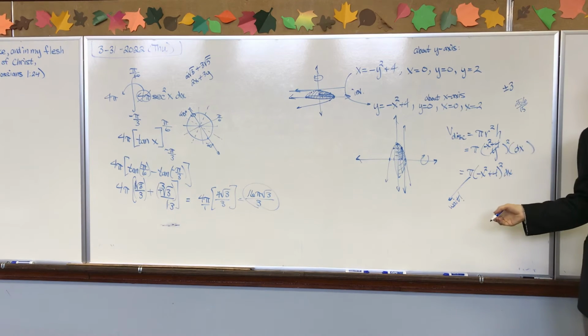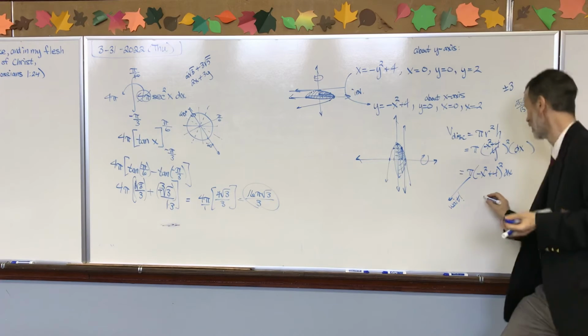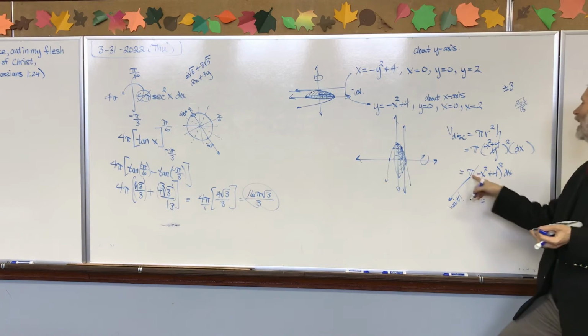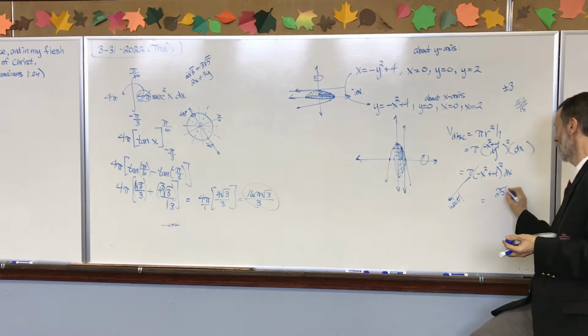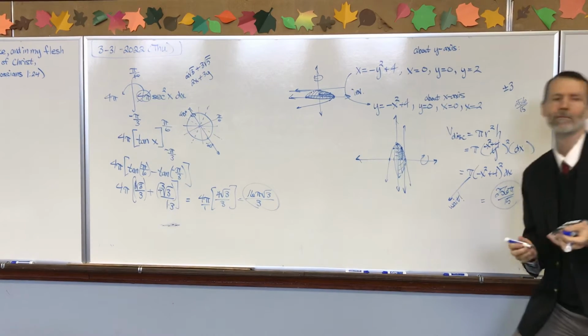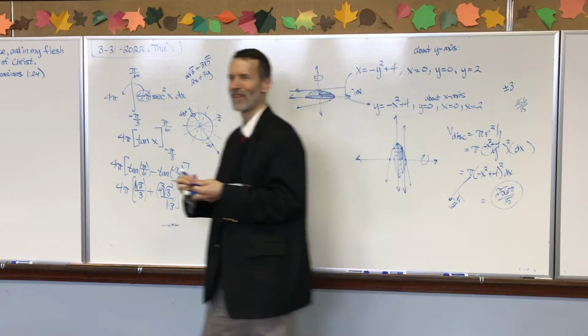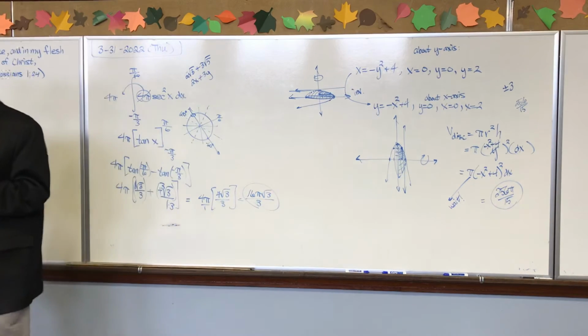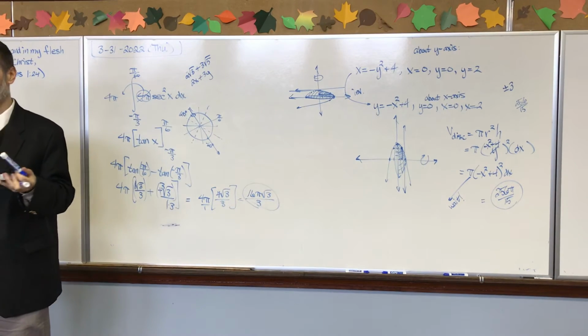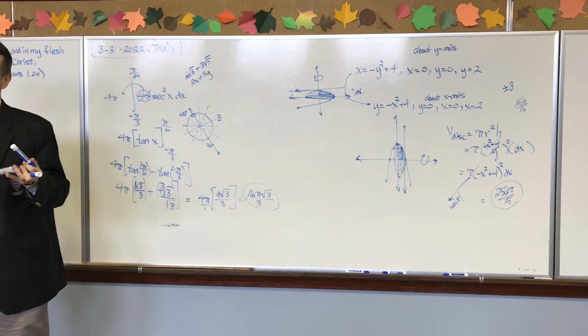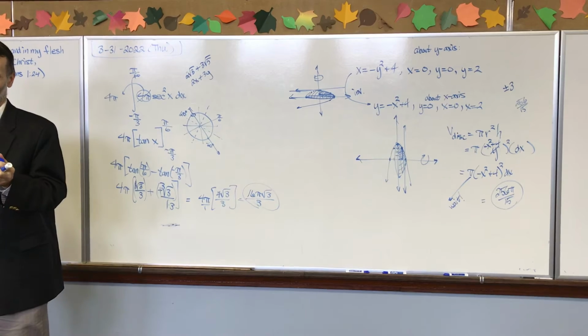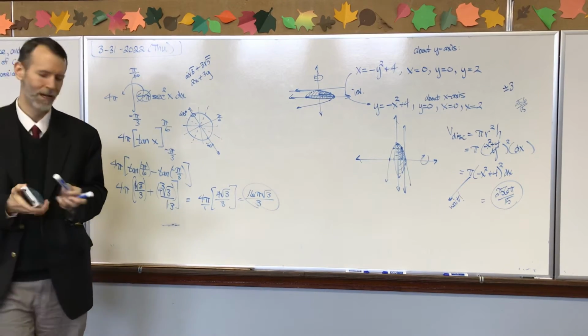We forgot something until the end. 256 pi over 15. Got it. Make sense? Any other questions? Going once. Twice. Did we catch that trick?